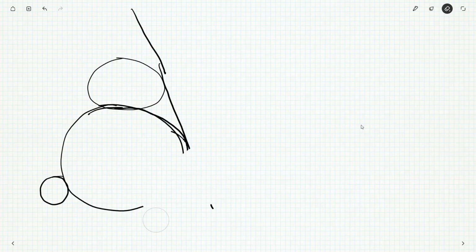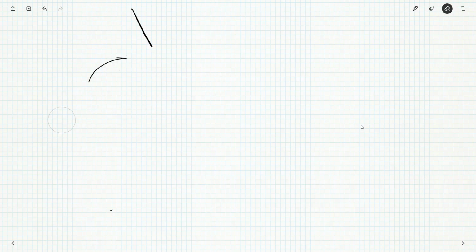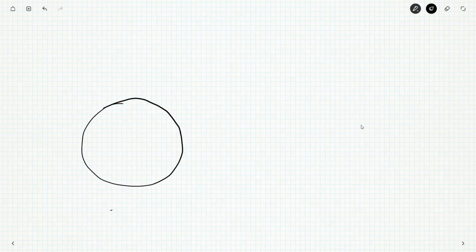Ugh, this is atrocious. My kingdom for a circle-making device. And it doesn't have to be super exact. I just want everything touching the right way.